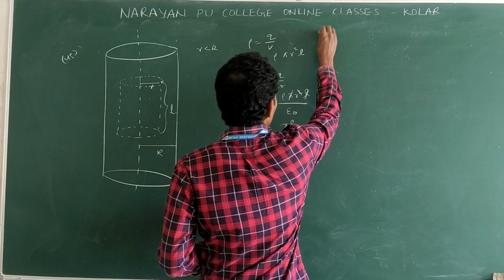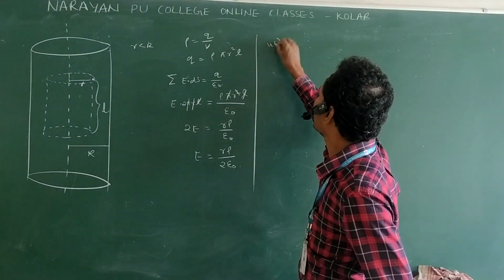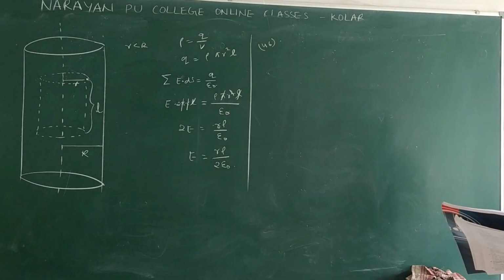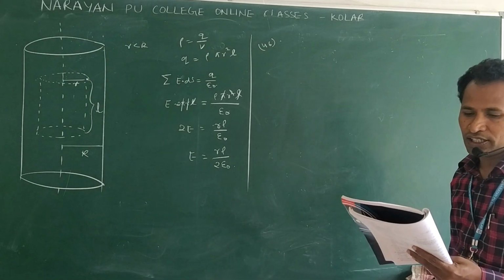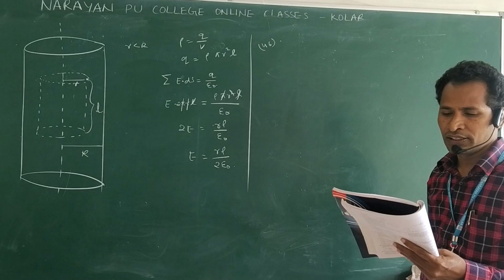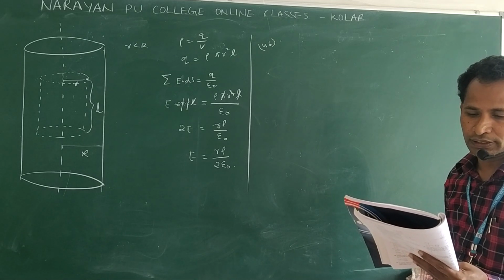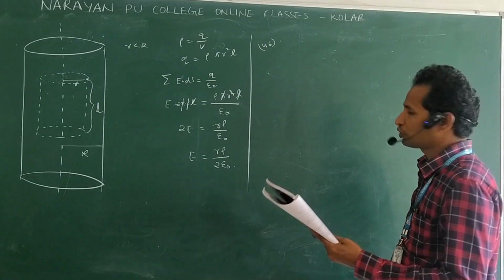Now come to 46. A small charged particle of mass m and charge q is suspended by an insulated thread in front of a very large sheet of charge density sigma. The angle made by the thread with the vertical in equilibrium is... This is also an important model question.